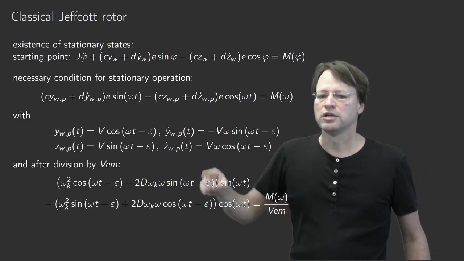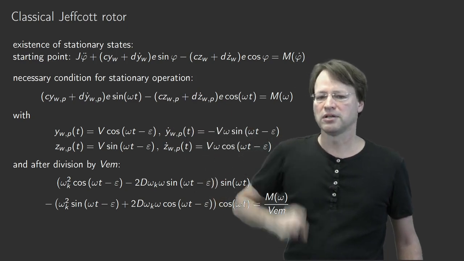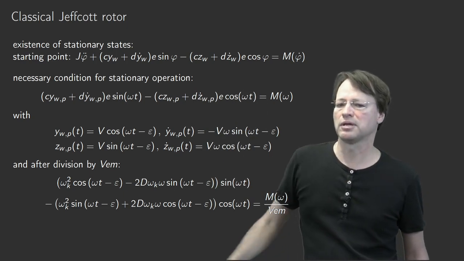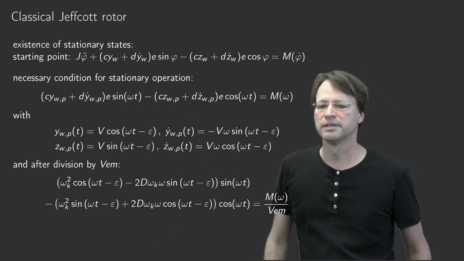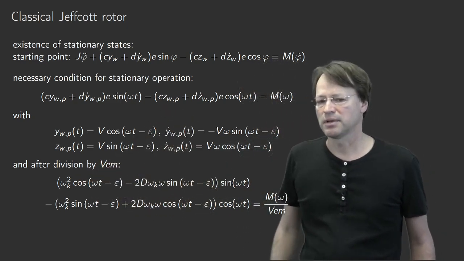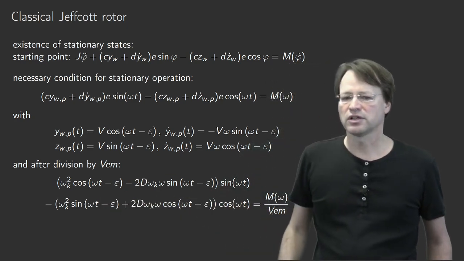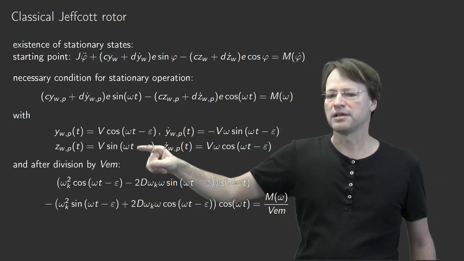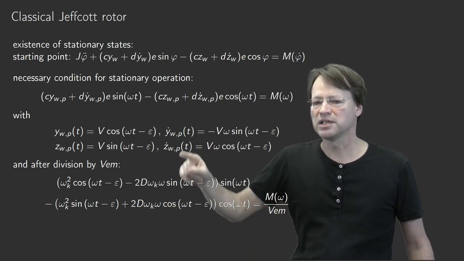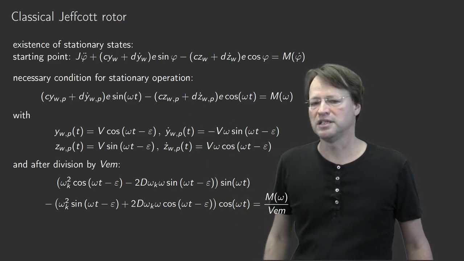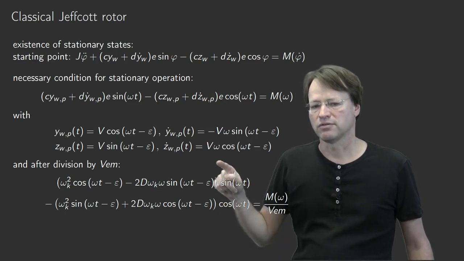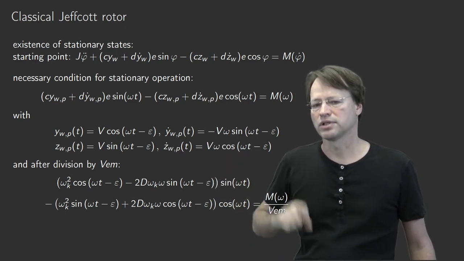And on the next line you find the second term here of our original equation of just the balance of angular momentum without the acceleration term. So you will find here omega squared instead of c divided by m now, and then it's the sine function of omega t minus epsilon here, and you will find plus 2d omega k times omega, which represents then d divided by m, and for the vertical velocity we inserted v omega cosine omega t minus epsilon.